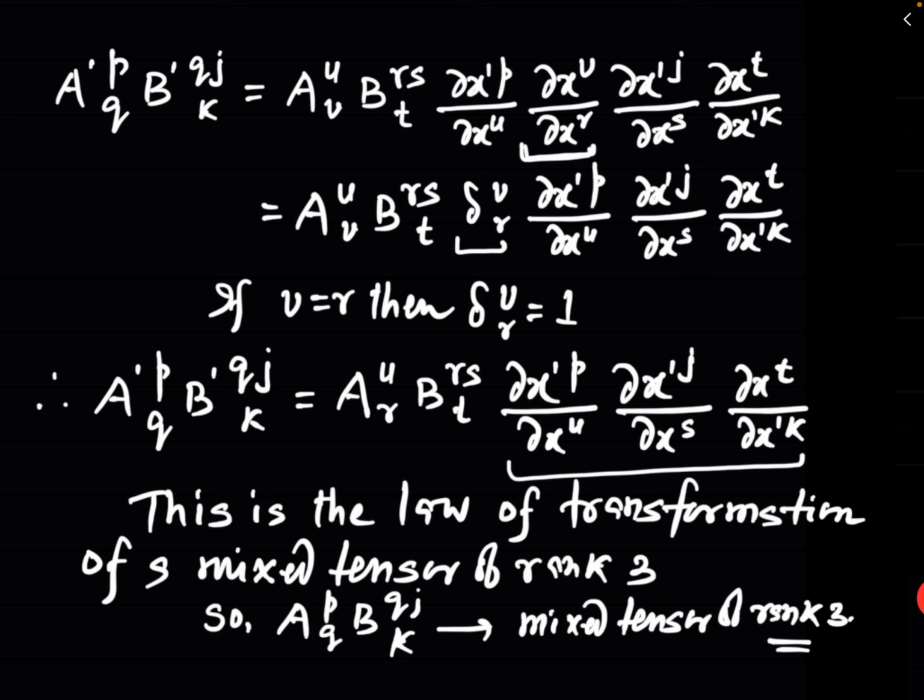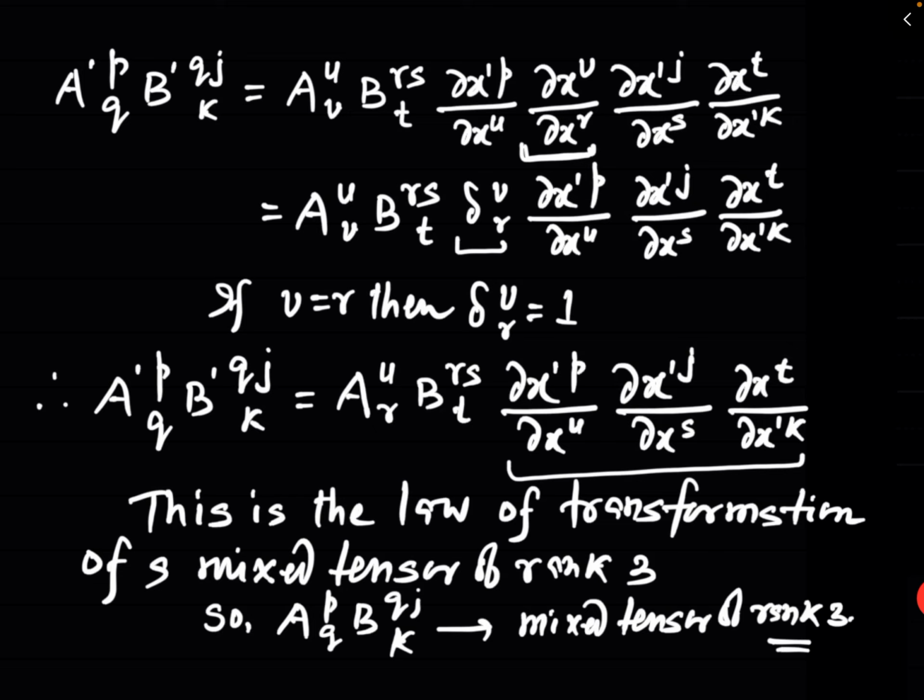You can see actually in this problem we have to show that the inner product of A P Q and B I J K is a tensor of rank 3, and its outer product was actually 5 and inner product is 3. And if you again take one contraction, then the resulting tensor will be of rank 1. But I am not doing that. This is just a homework for you. In fact, you have seen some of the important properties of the outer product.